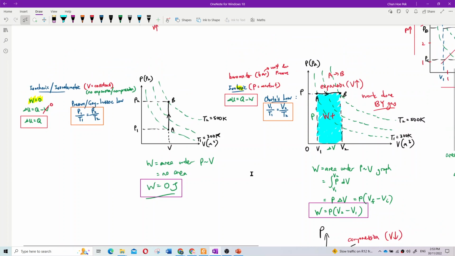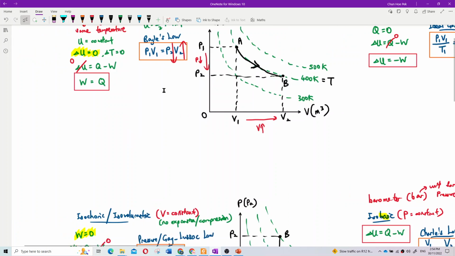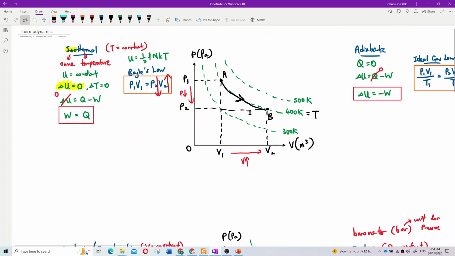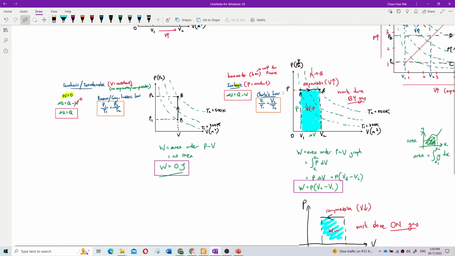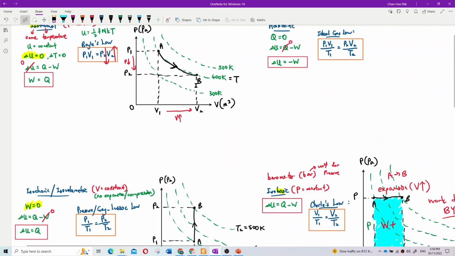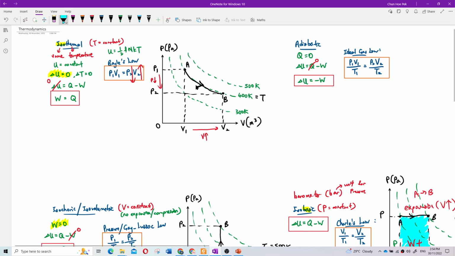And how about isothermal? Like for example, expansion. What is the work done? Isothermal has an area under the graph. But this one is curved, not a rectangle shape. So how to find the area under a curve? You need to integrate.